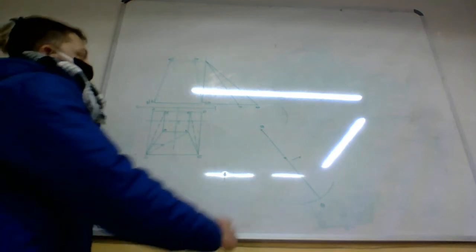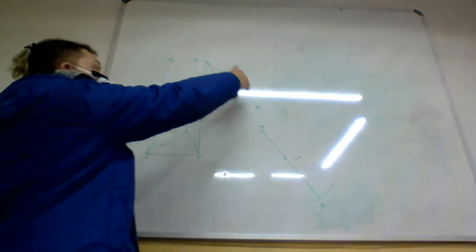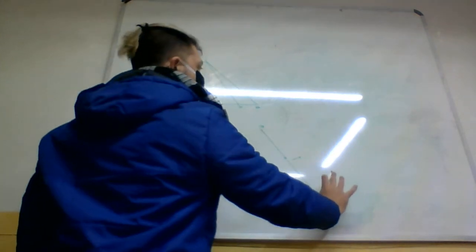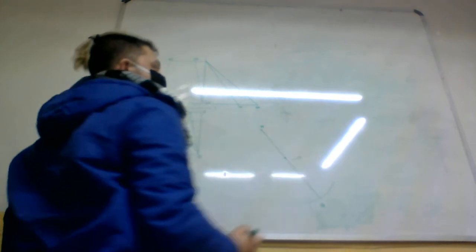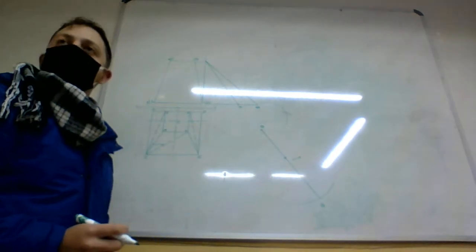Okay, so once you measure, now you measure this line over here, that line that you just drew for your true view. You go put it on point B, and you go make a mark over there. Then obviously you've got a little center point over there.